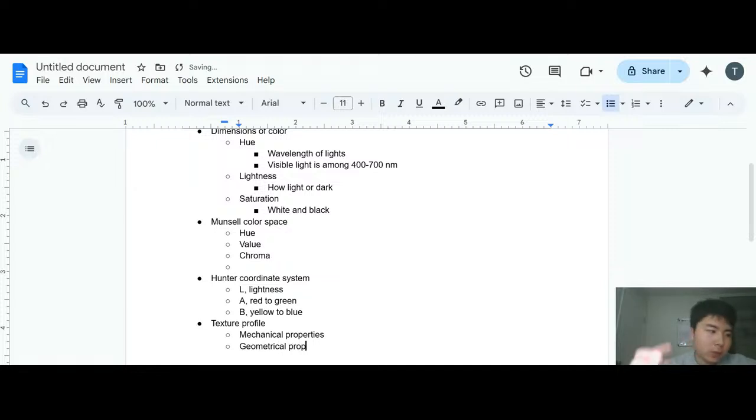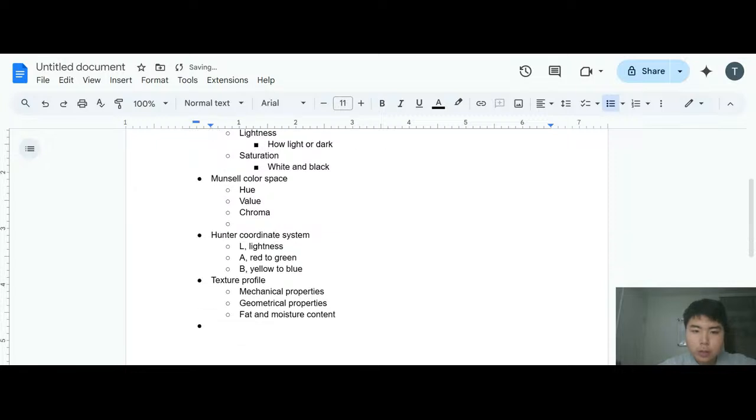I finally understand what geometrical properties are. And the oily, fat and moisture content. This is also important when you evaluate the texture. It is easy to understand.